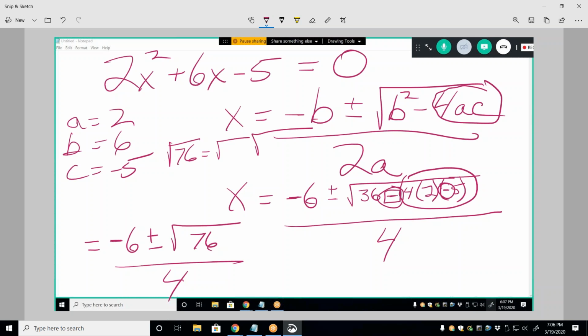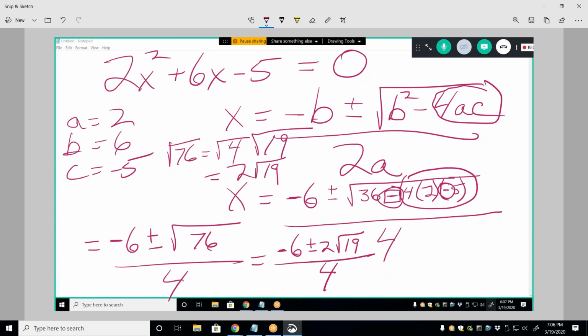Like 4 times 19. 4 times 19 is 76, right? Yep. So root 76 becomes 2 root 19. So this answer now becomes minus 6 plus or minus 2 root 19 all divided by 4.